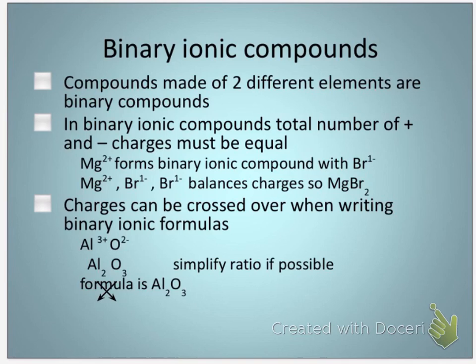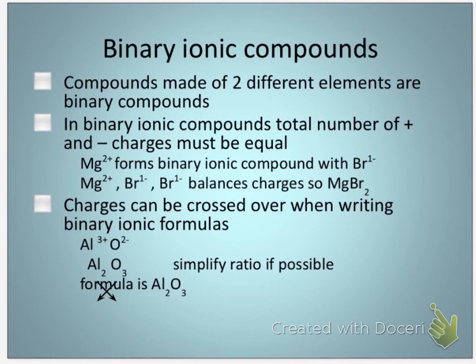So bi means how many? 2. Binary ionic compounds are made up of 2 things only. Just 2 ions. Binary ionic compound. So the charges have to be balanced. So, you know, with sodium chloride, we've got 1 positive, 1 negative, they balance.